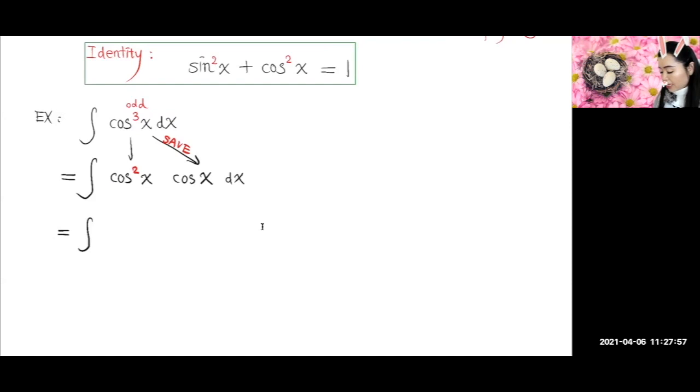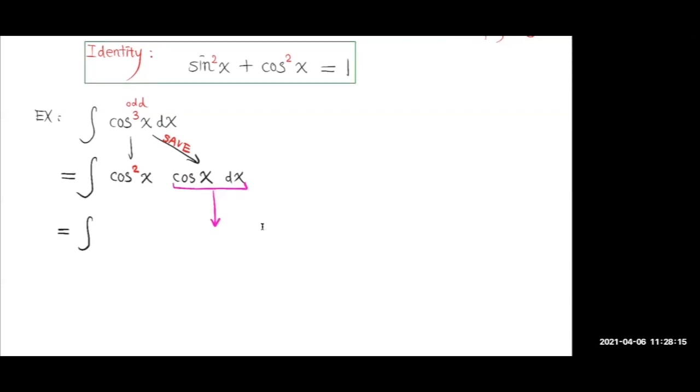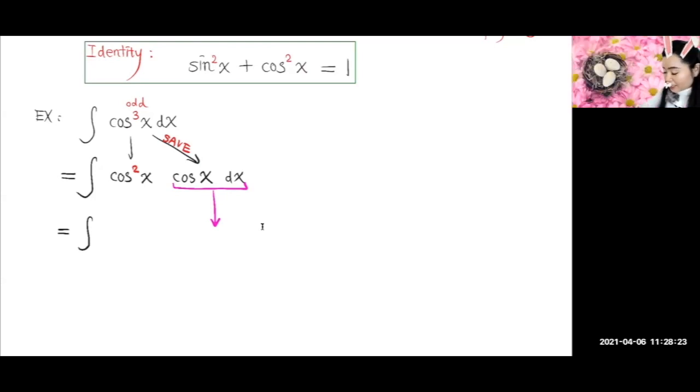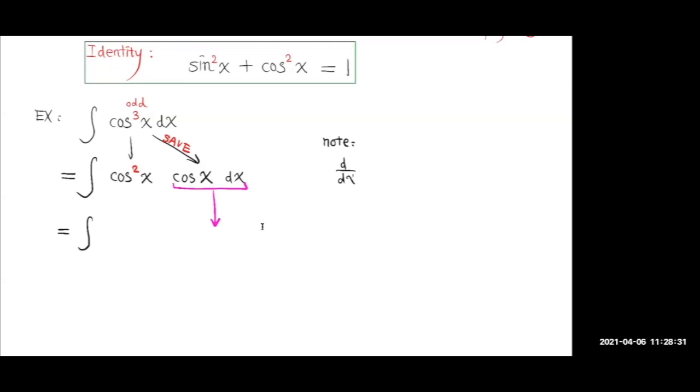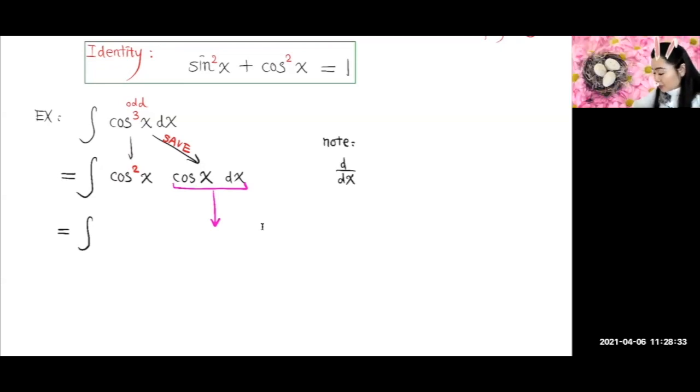Now, when I have separated this into this times this, what does this part over here become? d sine x. Notice that I told you guys to preview 7.2 before class. So then when you come here, you have some idea, okay? But I'm going to go over this.